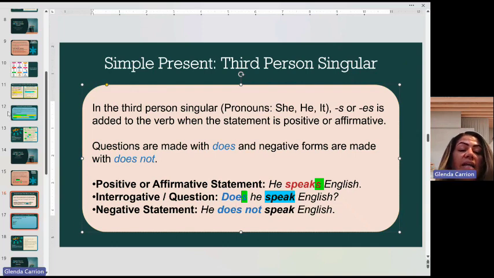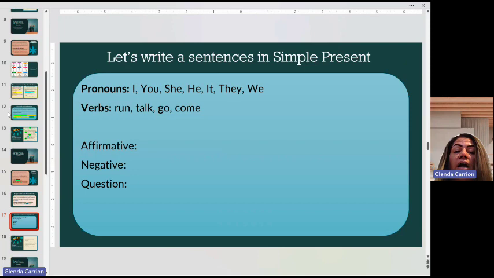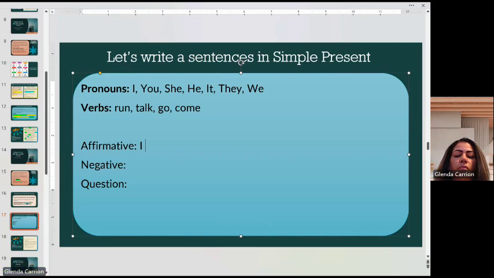But as I know that this is difficult to grasp, I will show you how to construct sentences using simple present. So, affirmative. I'm going to start with the pronoun I. I run 3 miles every day.